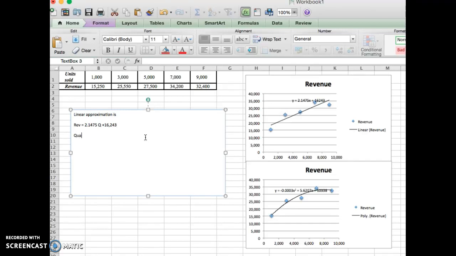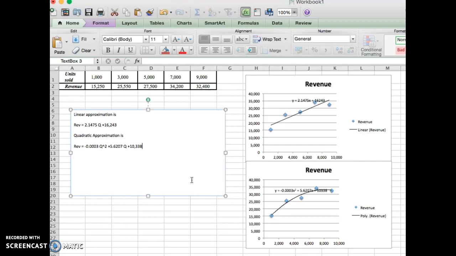And the quadratic approximation is that the revenue is equal to minus 0.0003 times Q squared plus 5.6207 Q. So that's my quadratic, and recording the 10,338 as the constant term.